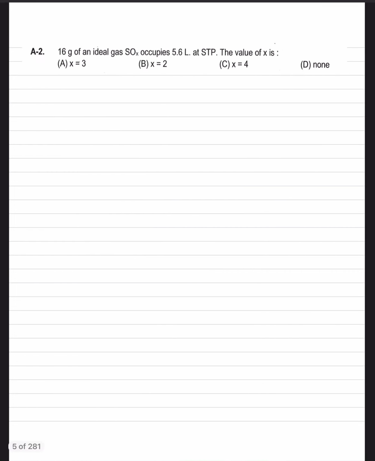Next question, A2. 16 gram of an ideal gas SOx occupies 5.6 liter at STP. They are asking the value of x. So let's solve. How to solve this type of question? 16 gram is given, so can we get the mole? Yes. Divide with the molar mass.